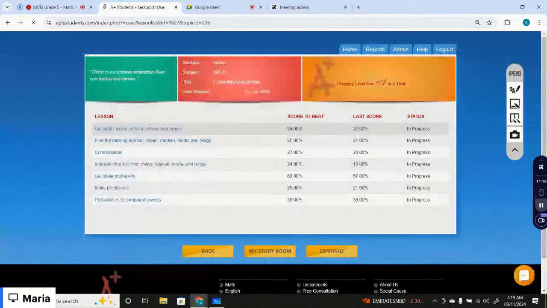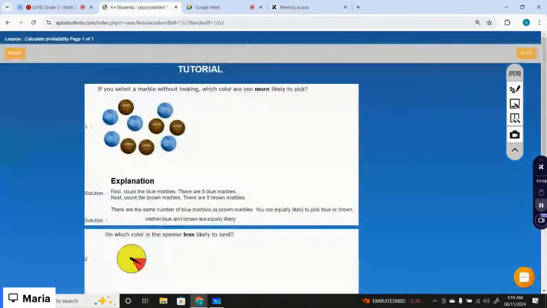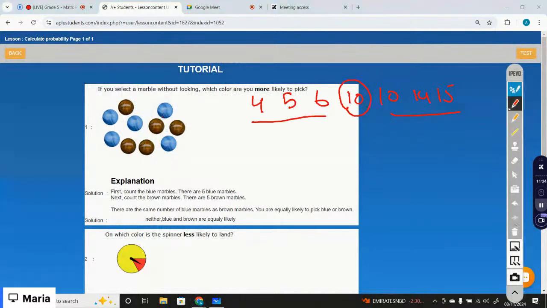The next one is calculate probability. Let's just start with the next lesson. If you select a marble without looking, which color are you more likely to pick, right? So you have one, two, three, four, five blue marbles. One, two, three, four, five brown marbles.